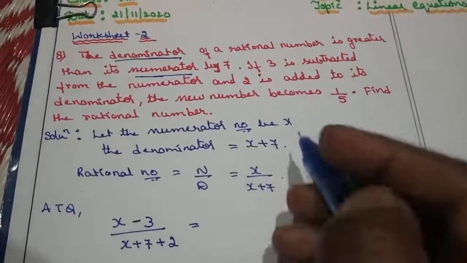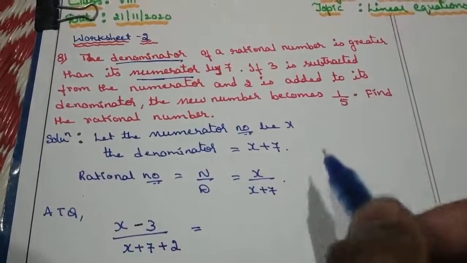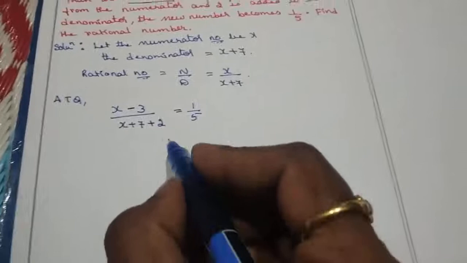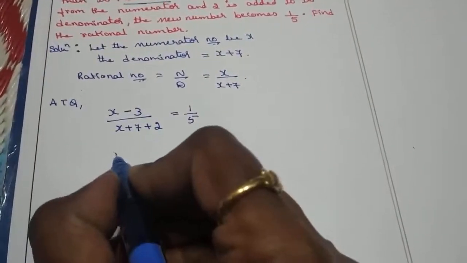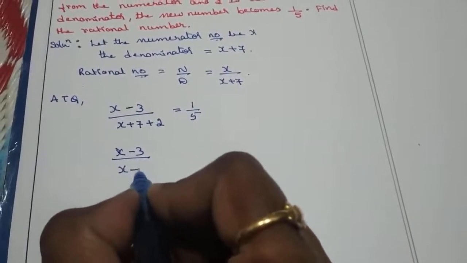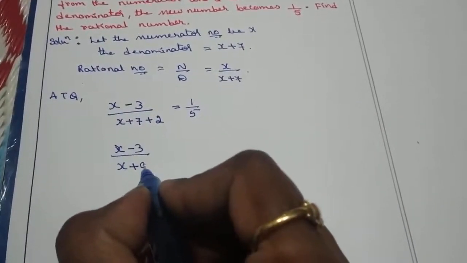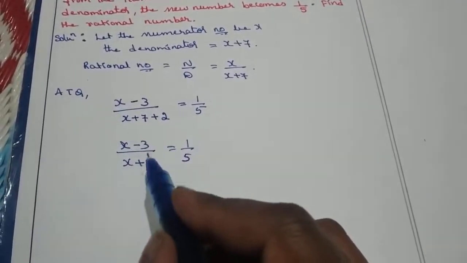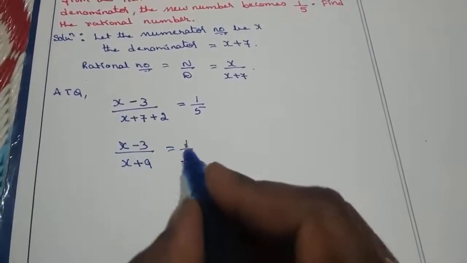After the condition is applied, the rational number becomes 1 by 5. If any simplification is possible in the numerator and denominator, first we need to simplify it. So 7 plus 2 is 9, equal to 1 by 5. Further simplification is not possible.